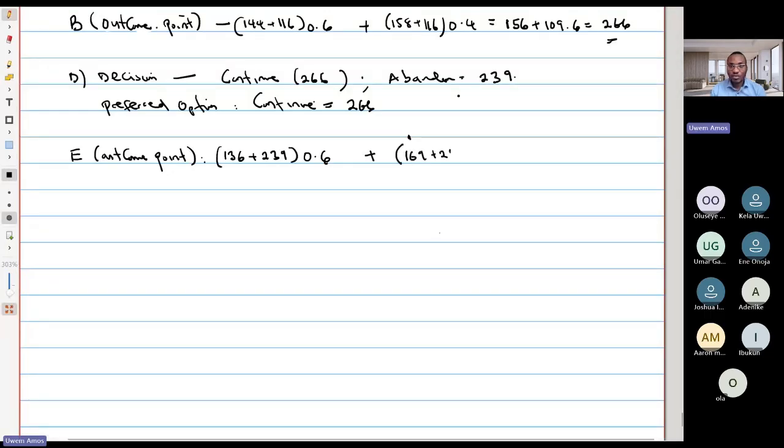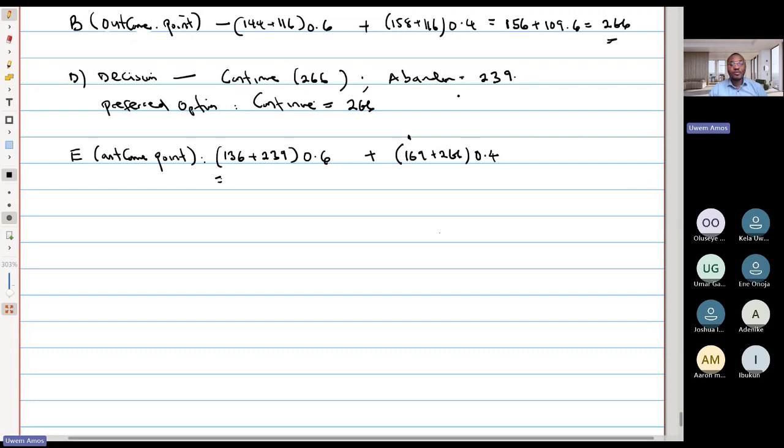169 plus 266. The probability is 40%, which is 0.4. Okay, so what do we have? So we'd have 136 plus 239 multiplied by 0.6. So that's 255.